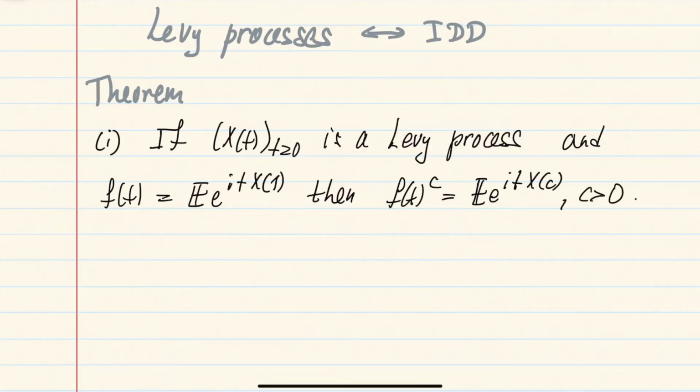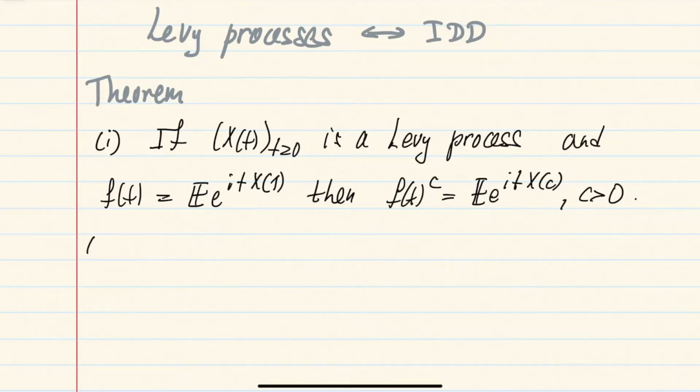And by the stationarity property of the Levy process, that means that once we know the characteristic function of the distribution at 1, we know the characteristic function of any increment of the Levy process. So in other words, an infinitely divisible distribution of the process at time 1 determines all finite dimensional distributions of our Levy process.